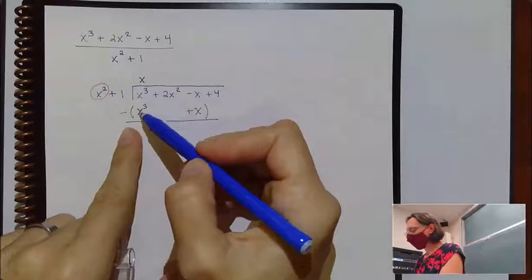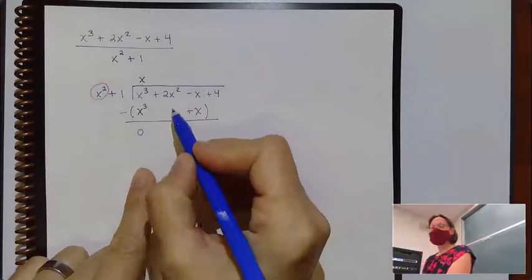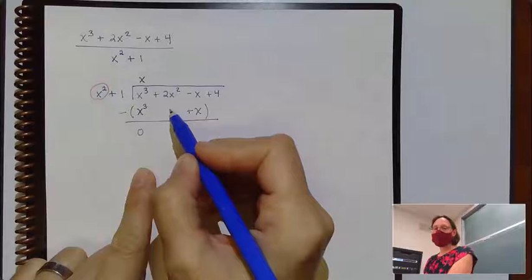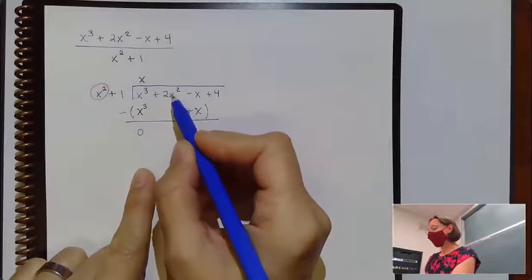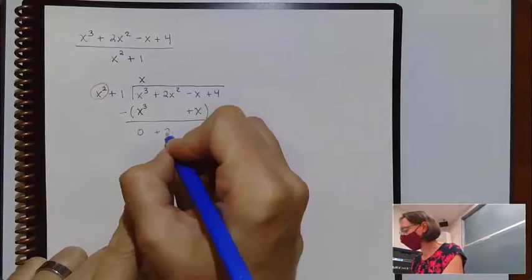So x cubed minus x cubed, I'm going to have 0. Because I don't have anything to subtract here, it's like I have 2x squared minus 0x squared, or just that 2x squared.